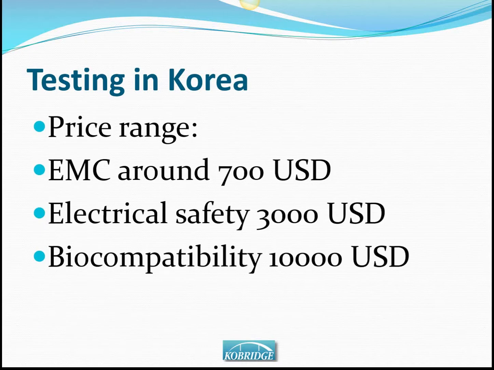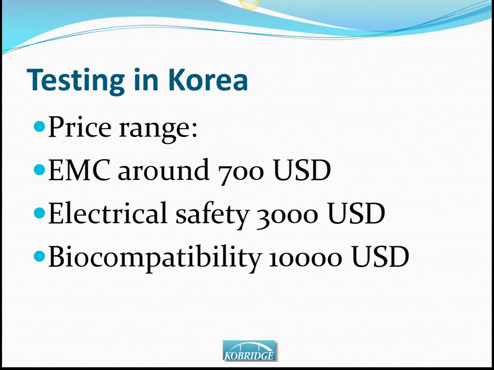What's the price range? It's much cheaper to test in Korea than, of course, first comparing to a CB report. But even without having a CB report, this is also rather cheap.